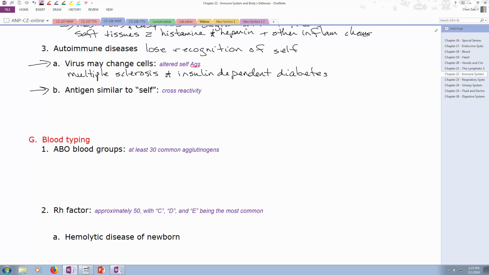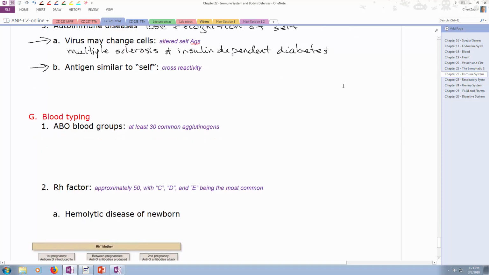And the virus that causes diabetes does so because it likes and preferentially infects our beta cells, and therefore our immune system will recognize these infected cells and take them out. And that is a problem because we need these cells to prevent diabetes or to keep us from having multiple sclerosis.